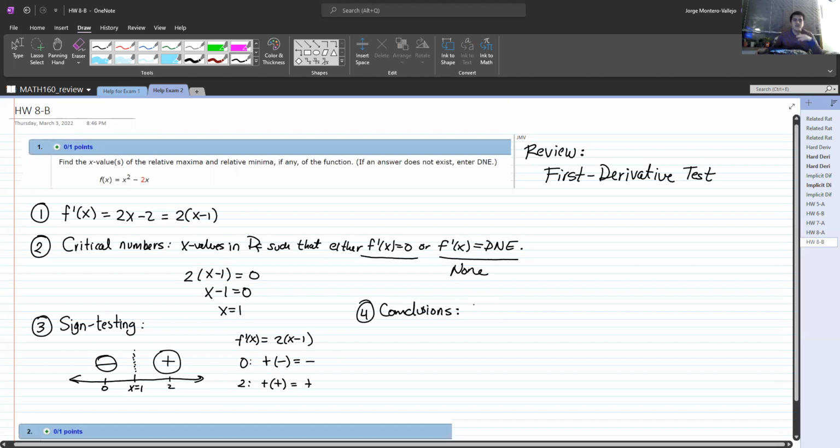We go from negative to positive, which means that the function around x equals 1 is decreasing on the left and increasing on the right. So that means that x equals 1 is a relative minimum. You write: f of x has a relative min at x equals 1.